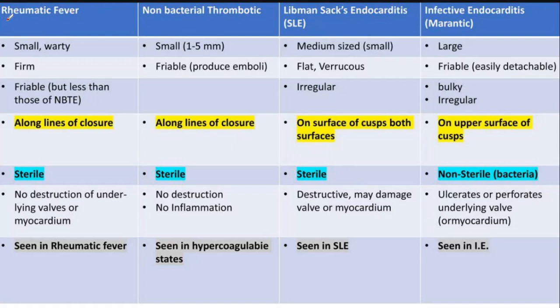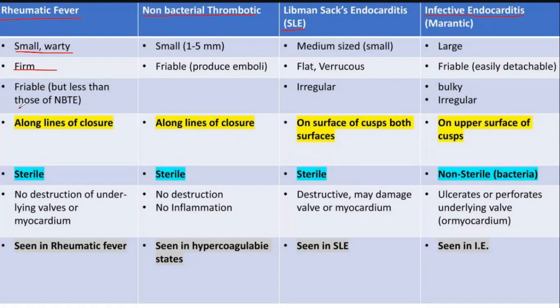Now, more about these vegetations. In rheumatic fever, you will find vegetations, and also in other conditions such as nonbacterial thrombotic endocarditis, in systemic lupus erythematosus, and also in infective endocarditis. But the vegetations in rheumatic fever are usually small and warty.